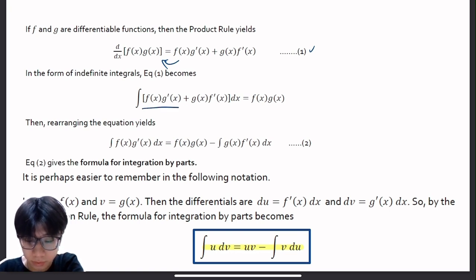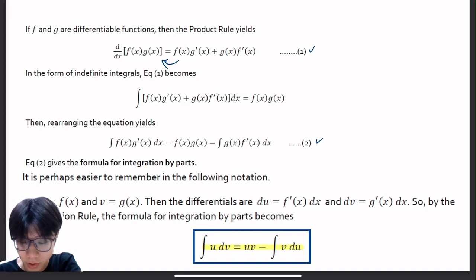By integrating this, you will get back f(x)g(x). By rearranging the equation, you will be getting the second equation, which is integrating f(x)g'(x) dx equal to f(x)g(x) minus integrating g(x)f'(x) with respect to x.